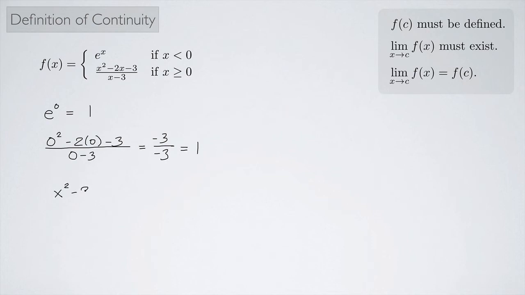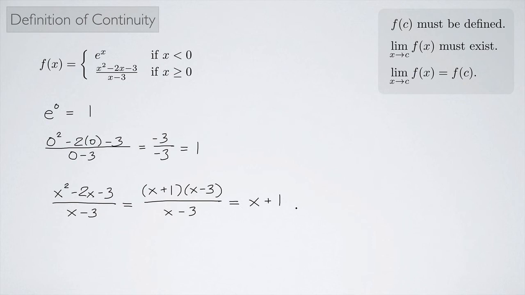We have x squared minus 2x minus 3 over x minus 3, and does the top part factor? And it does indeed factor as x plus 1 and x minus 3. Okay, great. And then I still have an x minus 3 down here. And I can cancel out the x minus 3's, and this is the same thing as x plus 1 as long as x does not equal 3.